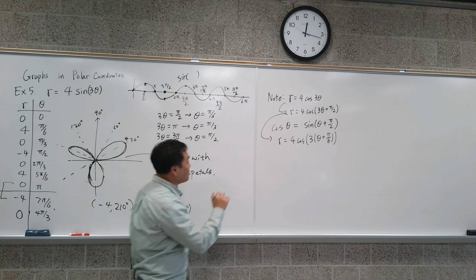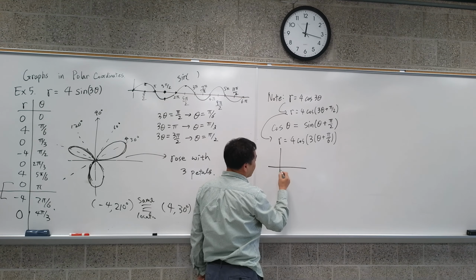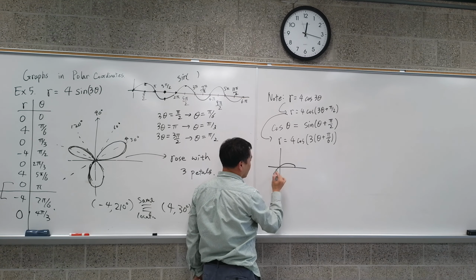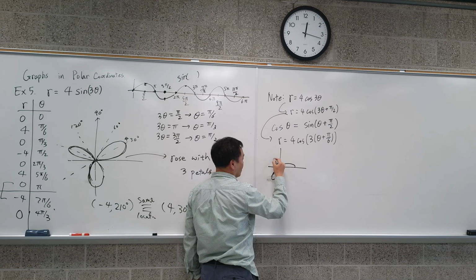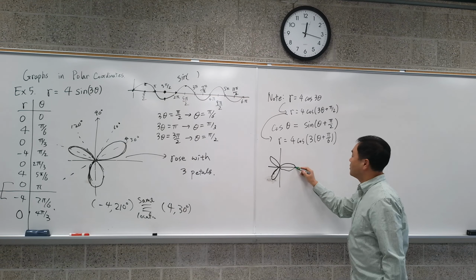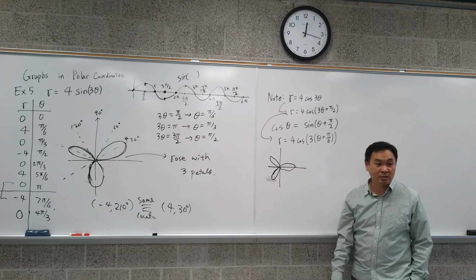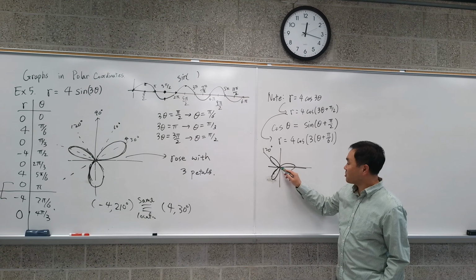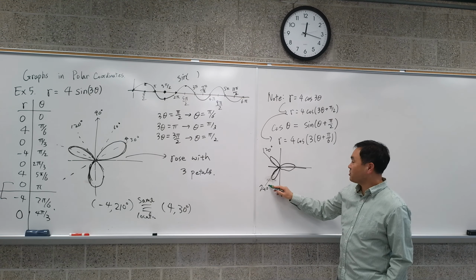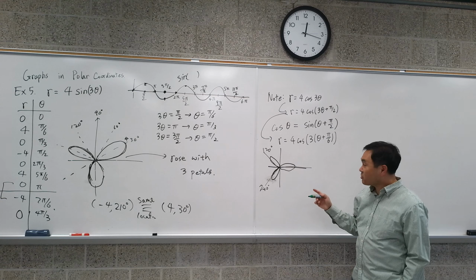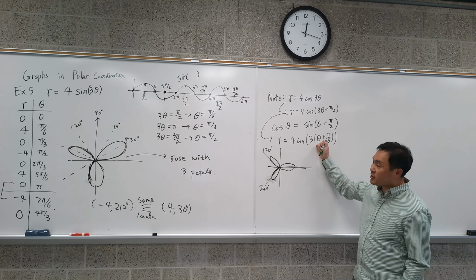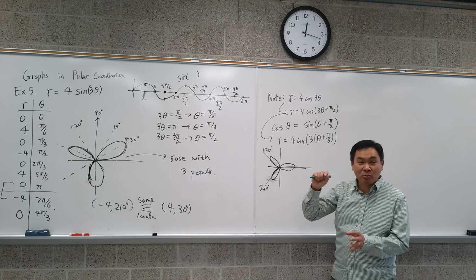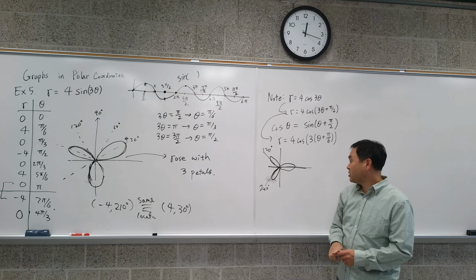So the graph that you end up seeing is, I can't draw this. Okay, so that's the graph that you're going to see. Okay, a petal at 0 and then 120 degrees, and there's another one at 240 degrees. That's the thing that you're going to get. In other words, this graph is exactly the same graph but rotated backwards.